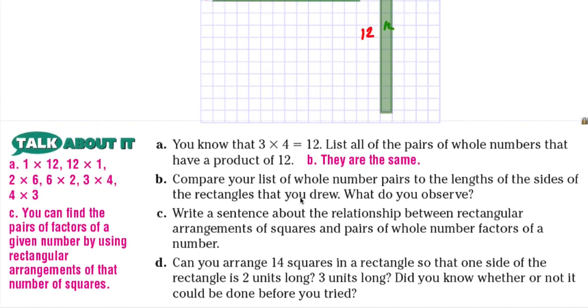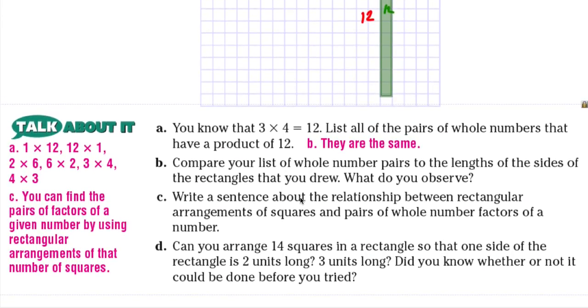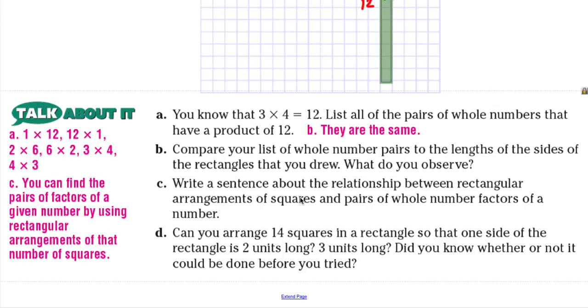Let's say you have 14 squares and you want to arrange them so that one side of the rectangle is 2 units long, and in another arrangement, one side of the rectangle is 3 units long.